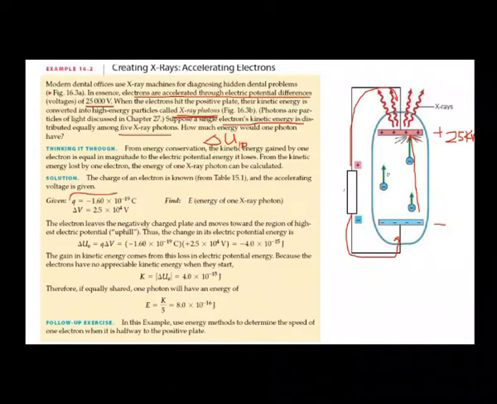We are only given the charge of the proton and the voltage, so we can compute for the potential energy. Using this formula, potential energy is around 4 times 10 to the negative 15. That is a very small number since it is a negative 15, a very small energy.